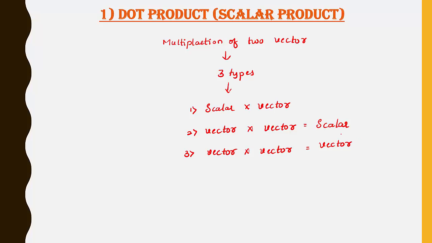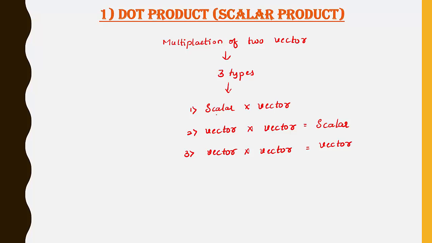In three ways we are going to multiply two vectors. First, scalar multiplied with vector. Second, vector multiplied with vector but its result is scalar. And the third, vector multiplied with vector but the result is also a vector. So these are the three types in the multiplication of two vectors.